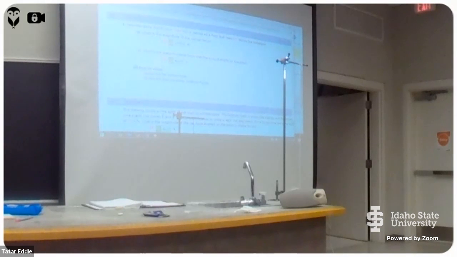Now, they're asking about friction forces. So friction forces are smart forces. What is the direction of the friction force? It is parallel to the surface. But is it down or up?